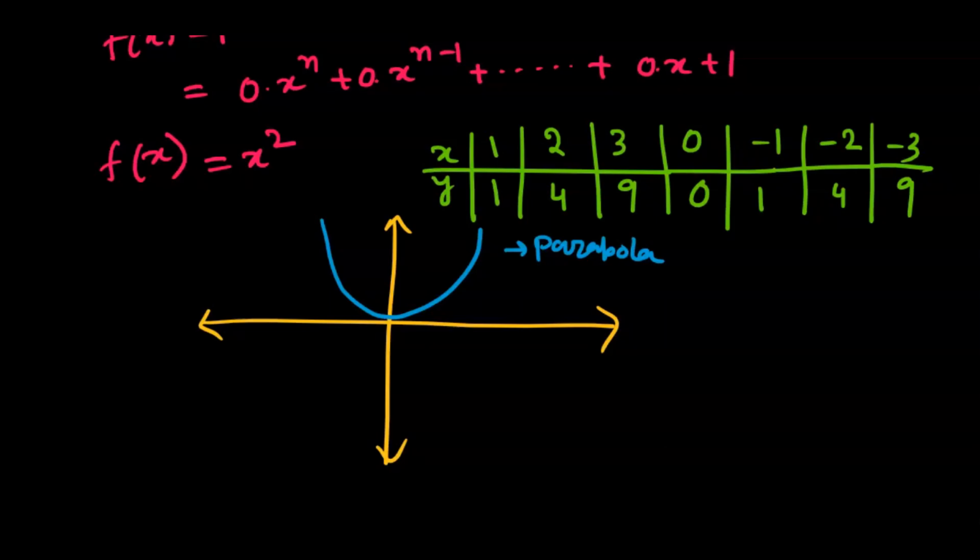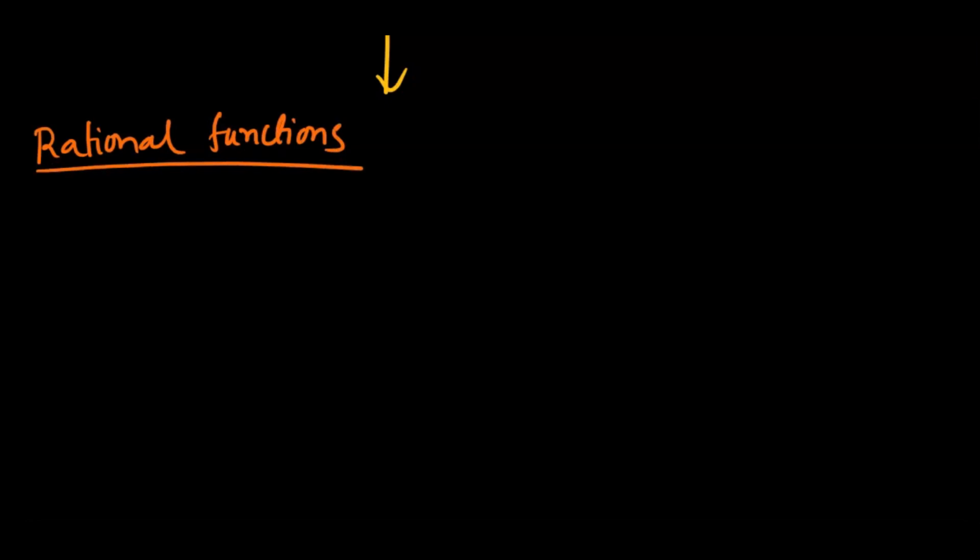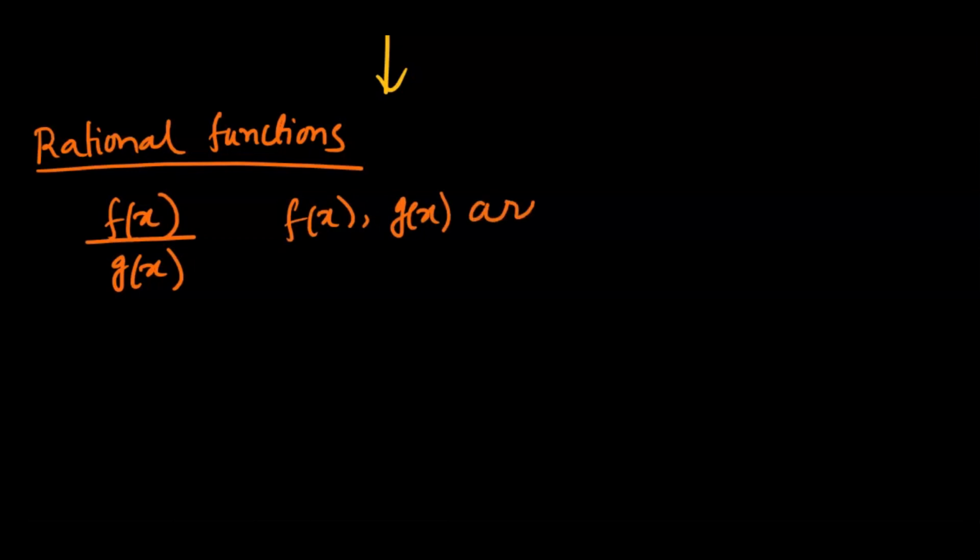Okay, so we are done with the polynomial functions. Now let's do rational functions. So what are rational functions? Rational functions are functions of the form f(x)/g(x), where f(x) and g(x) are polynomials, and this function we call h(x).